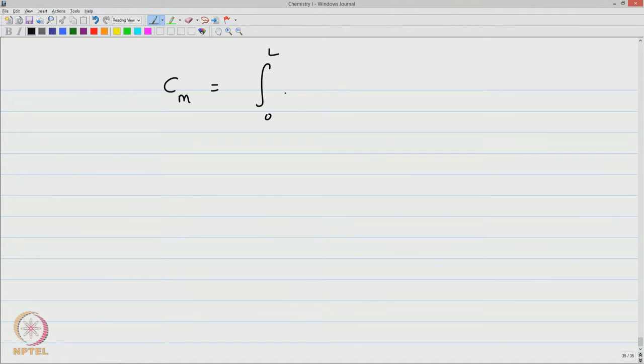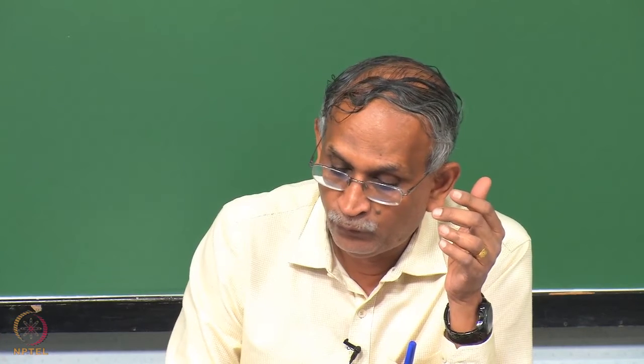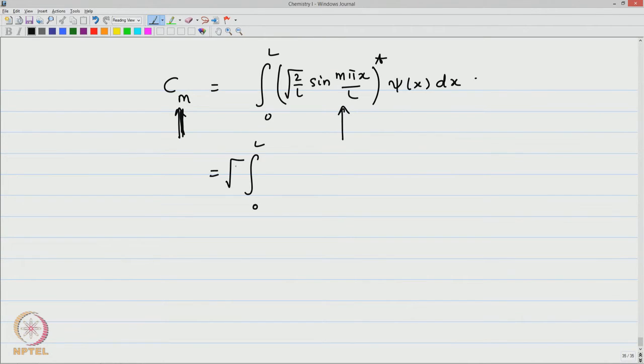This is root 2 by L sin m pi x by L star, actually, because that is what we should be doing, but anyway the star is the same as without it, psi of x dx. Therefore, this m orthonormal function picks out the coefficient, or projects the wave function to give you that coefficient Cm. So, the general expression for Cm is therefore integral 0 to L root 2 by L.